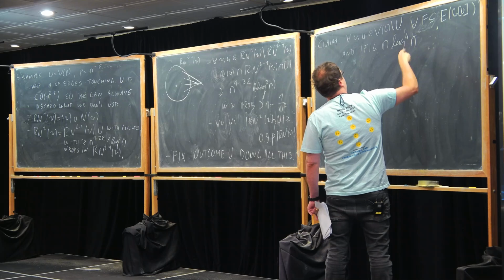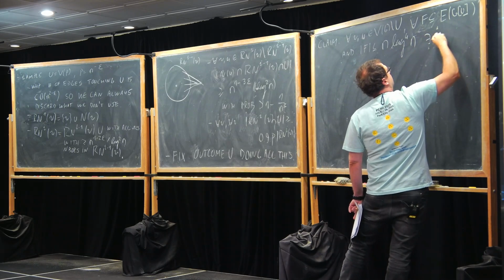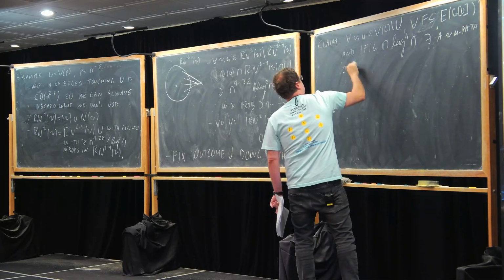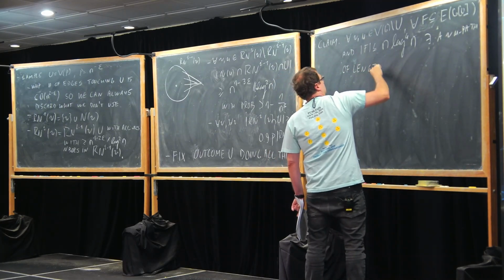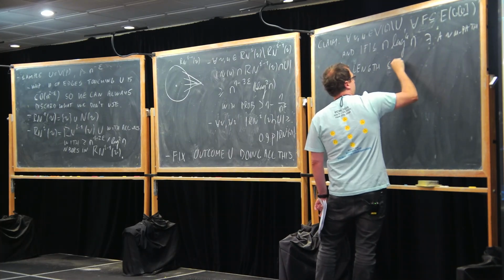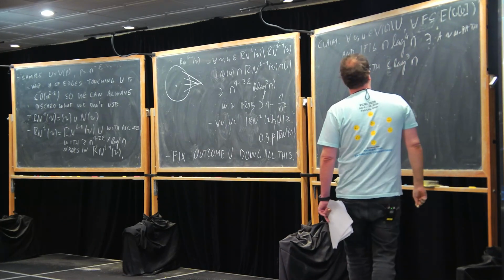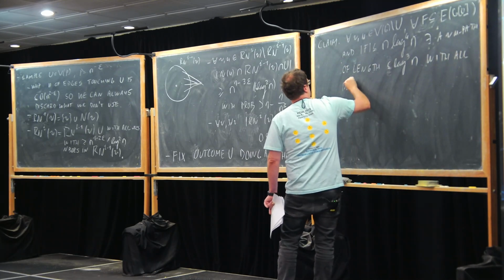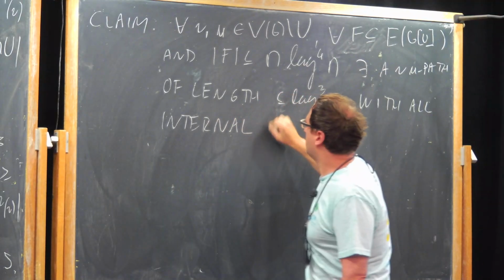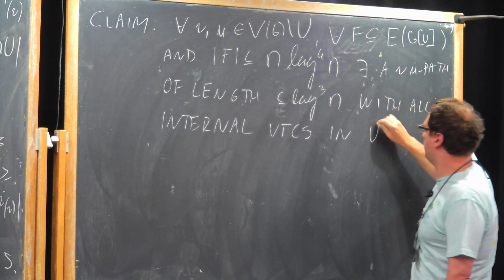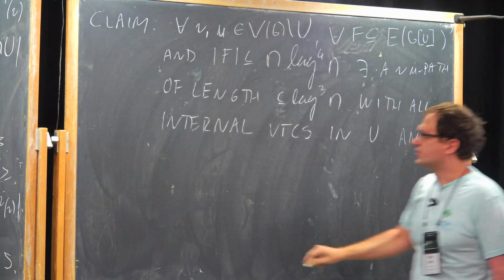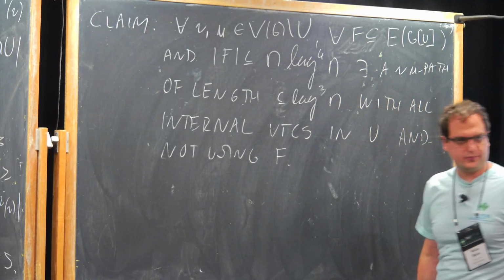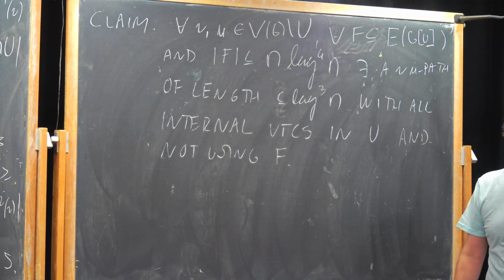So F having that size, there is a VU path of length at most log cubed n, with all internal vertices in U and avoiding edges of F, not using F. So this is the linking property I've been alluding to.